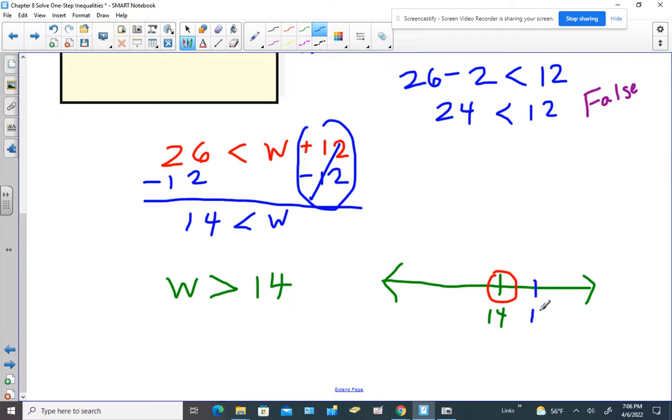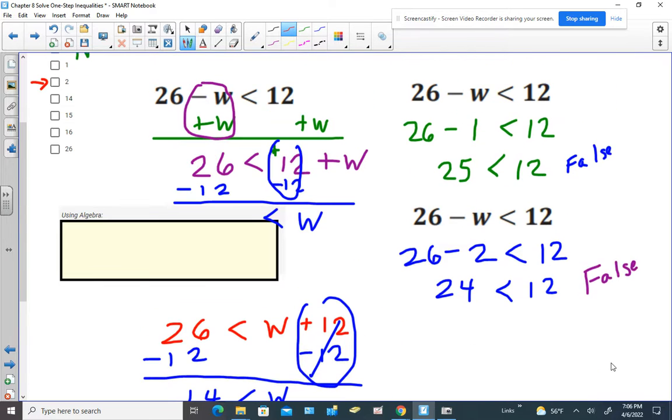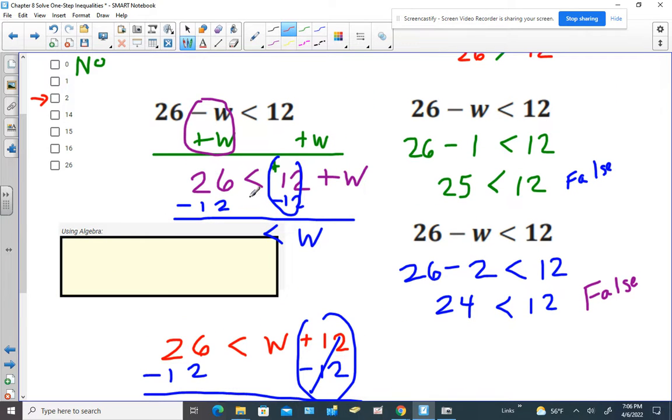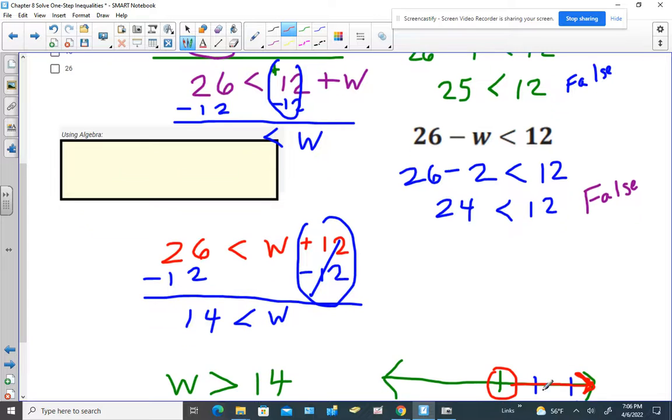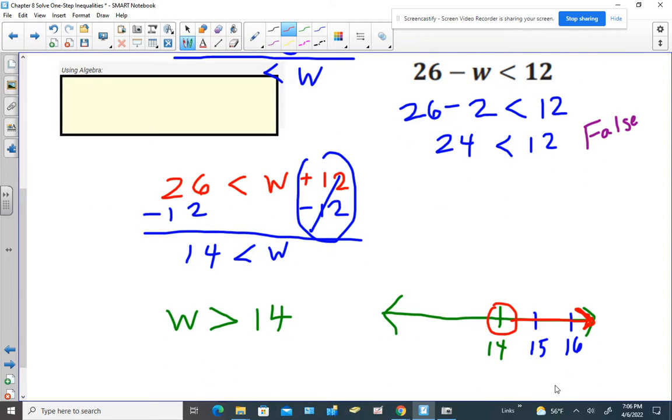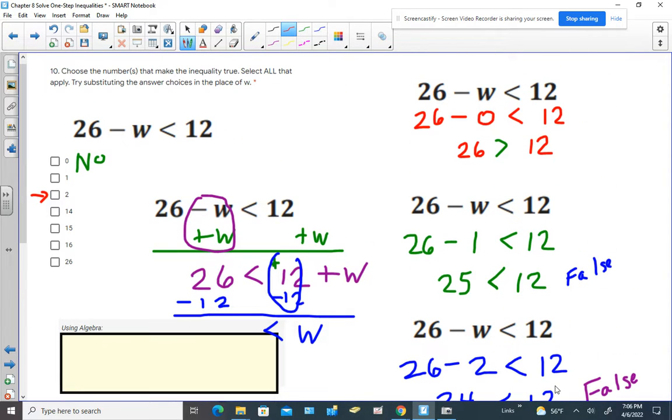Is 15 greater than that? Is 16 greater than that? So if we were actually going to graph this and shade it, wouldn't we be shading in this direction? So what values are we talking about? Look at the list. What values are shown here that are actually greater than 14? Because those are the ones that you want to pick.